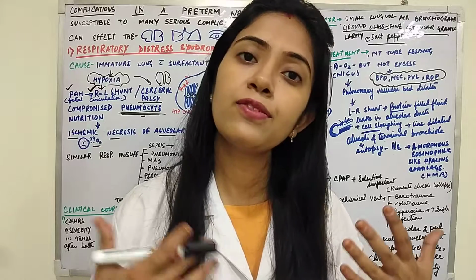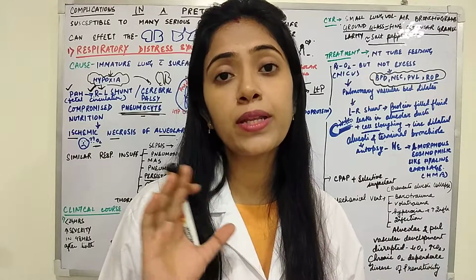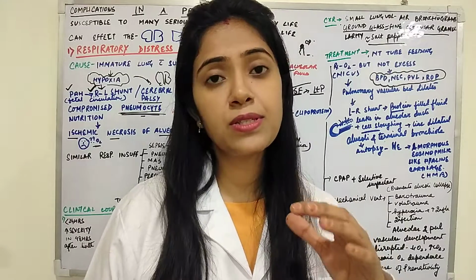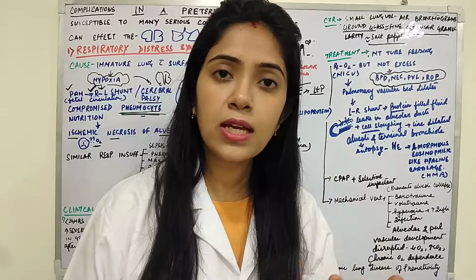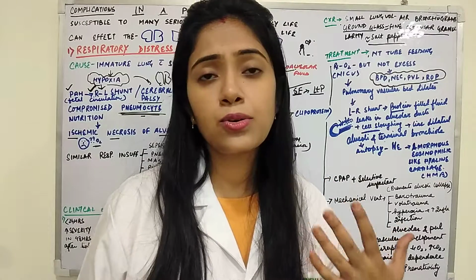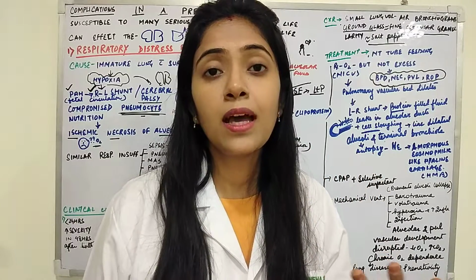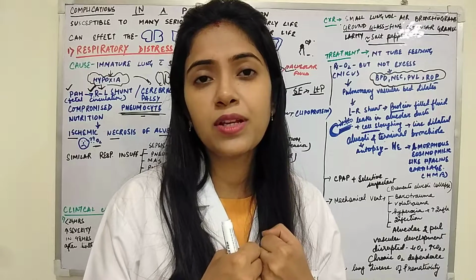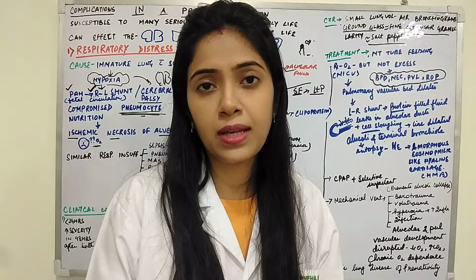So clinically, first we will assess. Now it generally sets in within the first 24 hours of delivery, and the severity increases in the first 2 days, that is 48 hours. So within a day or so, the child undergoes respiratory distress. There is nasal flaring and grunting because the child is trying hard to maintain some end expiratory pressure so that the lung doesn't collapse during expiration.